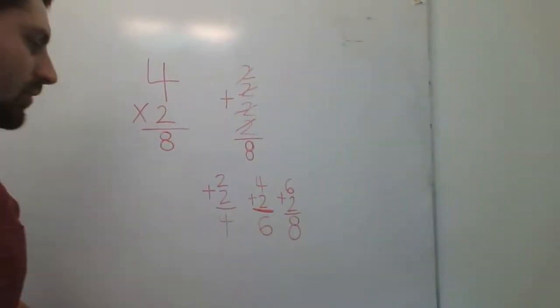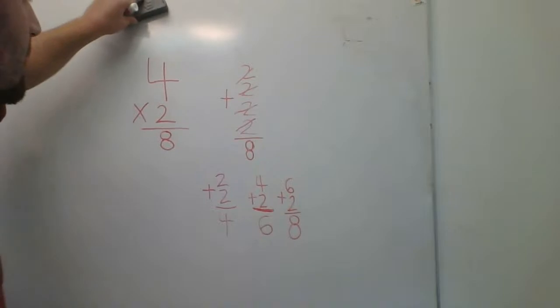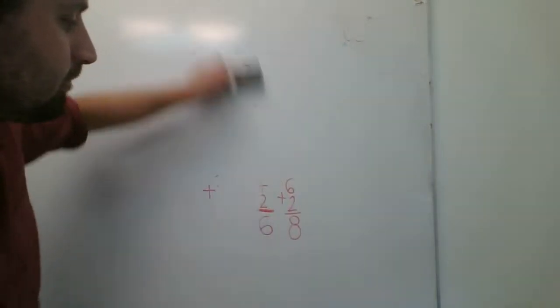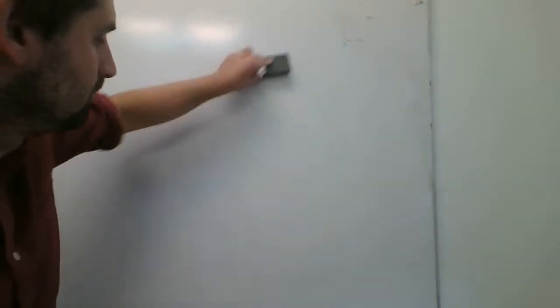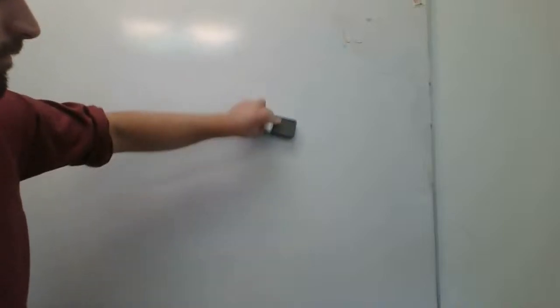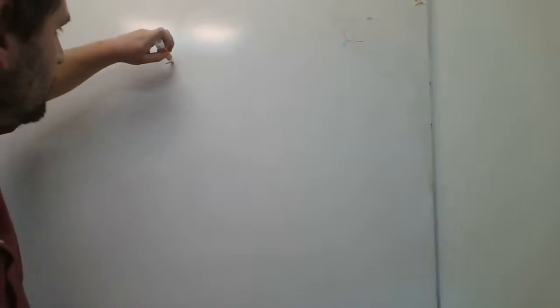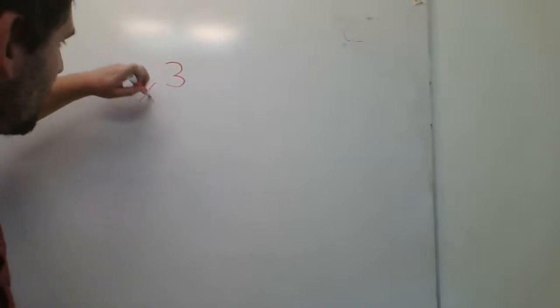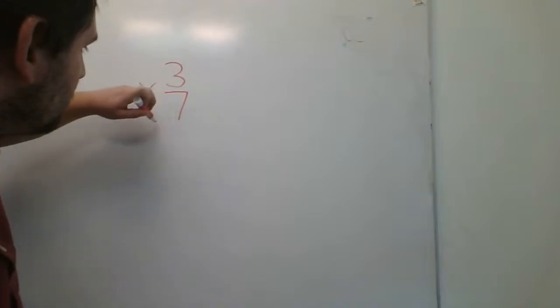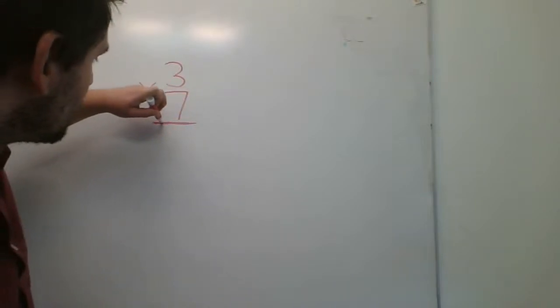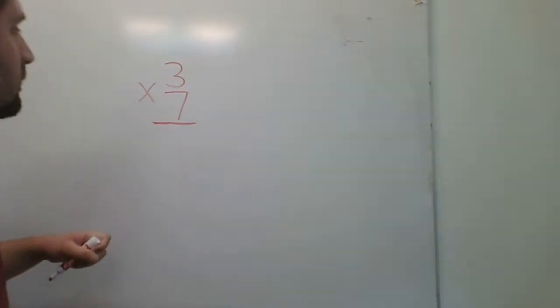All right. Example number 2 now. Let's say we have 3 times 7. We have 3 groups of 7. We got to find the total.